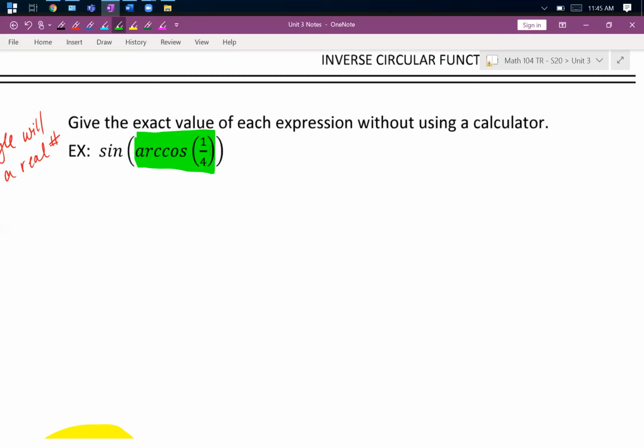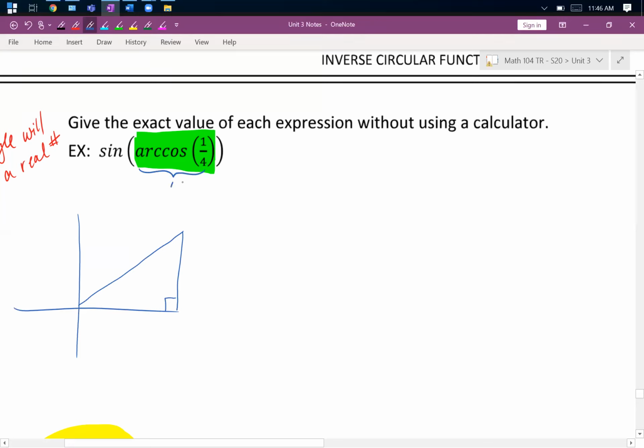The value inside our parentheses is positive 1/4, and arc cosine is only defined in quadrants 1 and 2. Since that value is positive, our triangle has to be in the first quadrant. Then I'm going to use SOHCAHTOA to label it. It's kind of like saying that this is whatever our angle theta. SOHCAHTOA tells us adjacent over hypotenuse. So the inside part gives us the triangle.